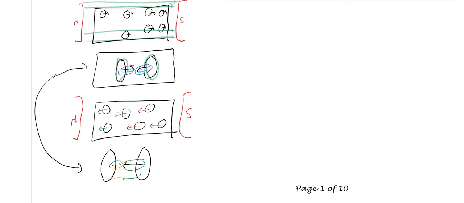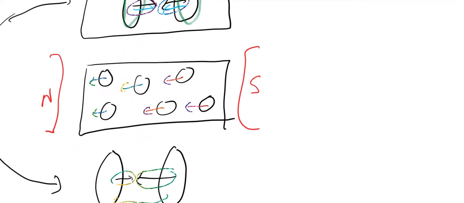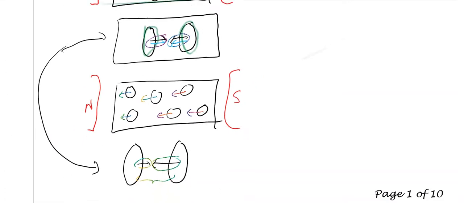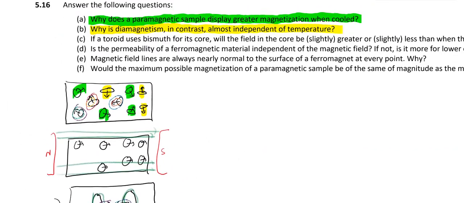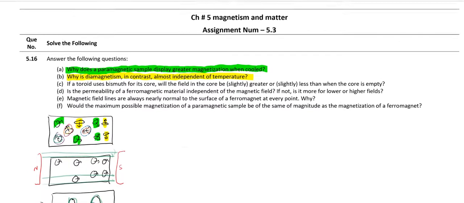This induced magnetization is always opposite, but it has nothing to do with the random motion of the atoms due to temperature. So you increase or decrease temperature, but the induced dipole moment will always be opposite to the applied field. So change in temperature won't affect this phenomenon, and hence diamagnetic susceptibility does not depend on temperature.